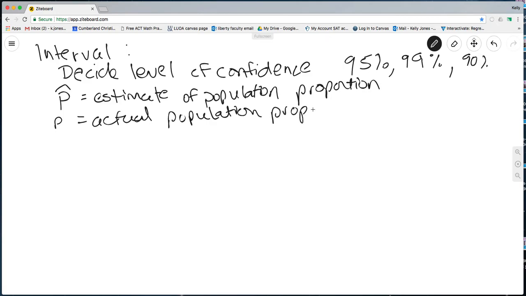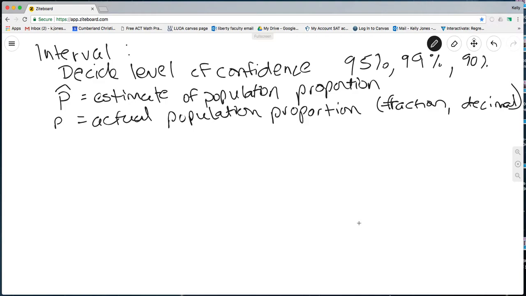When I'm talking about a population proportion, what I'm basically talking about is maybe the people who favor a certain color, or the people who like this restaurant over that restaurant, or the people who prefer this brand over that brand. Or it could be the proportion of working engine parts compared to the total number of engine parts. Those are all proportions. Proportion is just another name for a fraction. So that is something we are looking for, a fraction or a decimal, because you could change a fraction to a decimal.